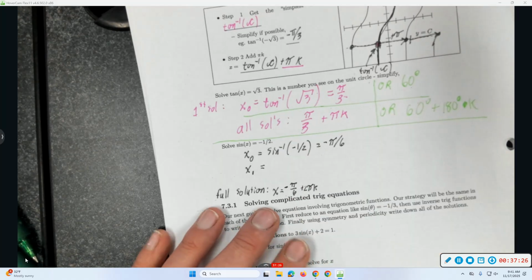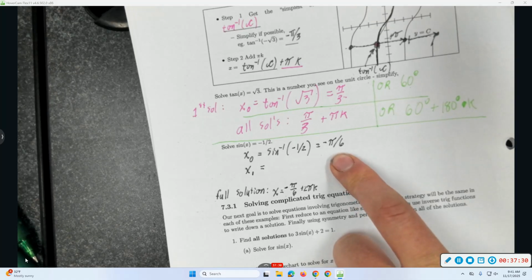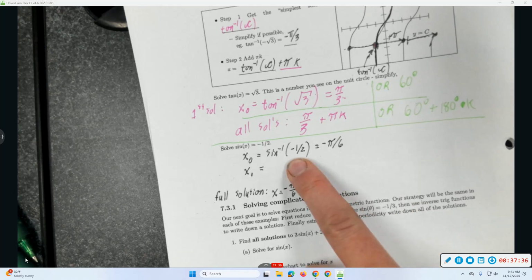How many people instead used as their first solution 11 pi over 6? Nice. Does it give you the same infinite family? Yeah, so it's convenient that you have a standard name for it coming from inverse trigonometry, but if it's an angle you just know, it doesn't matter whether you use the one that inverse trig gives you. You'll just have a family of solutions that is shifted by a little bit.